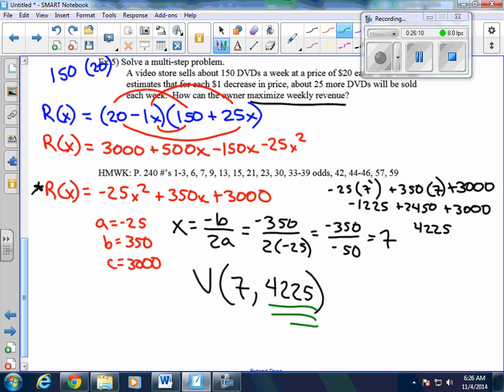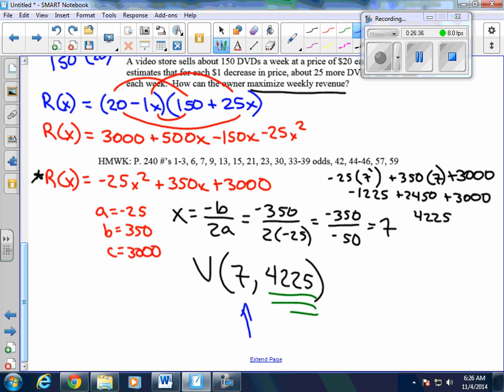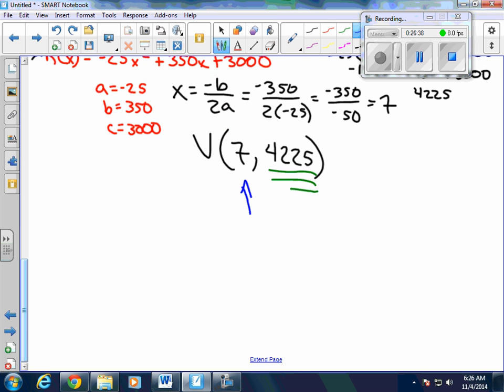Well, we look at this problem, and what does x represent? In this case, x represents the reduced price of the DVD by $7. So if he takes $7 off of the price, that is where he's going to get his maximum profit. So we would need to write that.